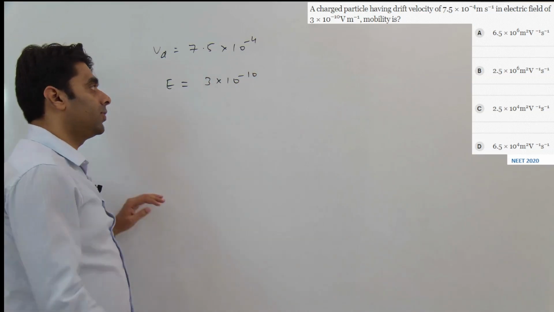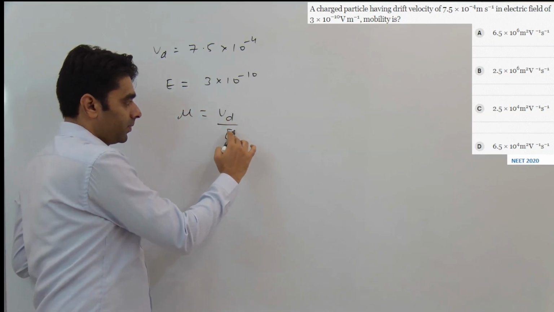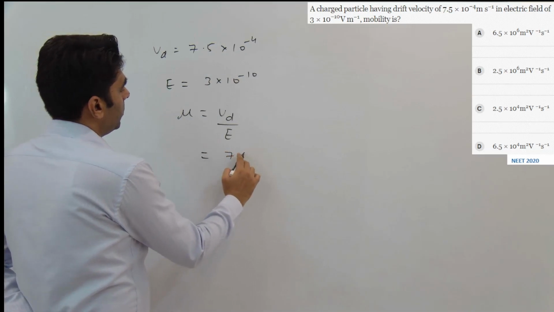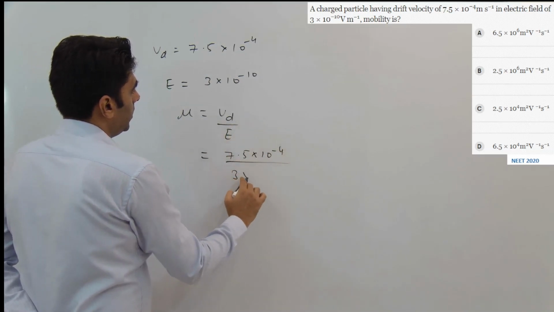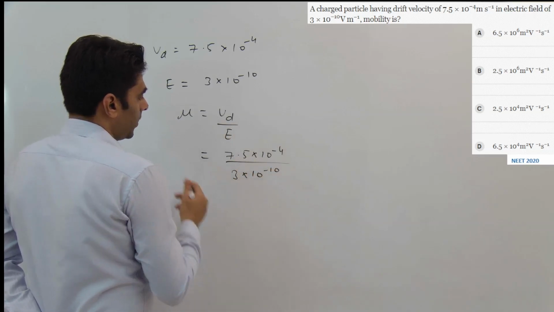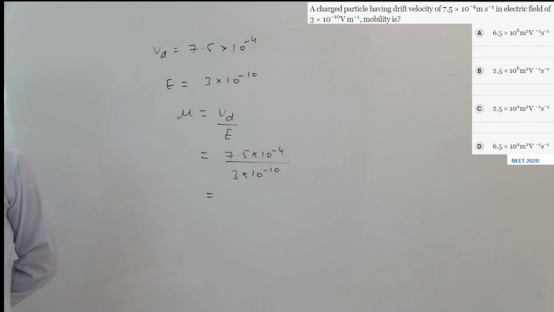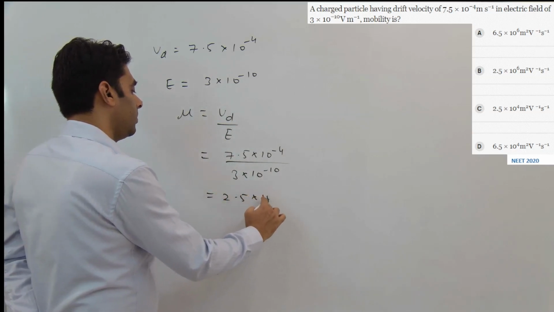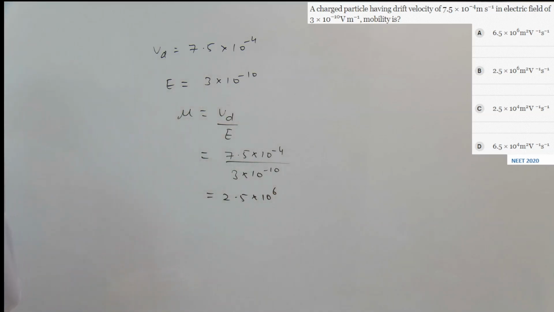What is our relation for mobility, beta? Mobility is given as Vd by E, drift velocity by electric field. So we write 7.5 into 10 power minus 4 by 3 into 10 power minus 10. If we simplify, 7.5 by 3 gives 2.5 into 10 power 6, which is option number 2. Option B is our correct answer.